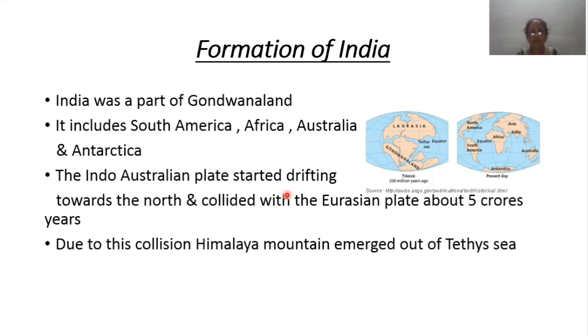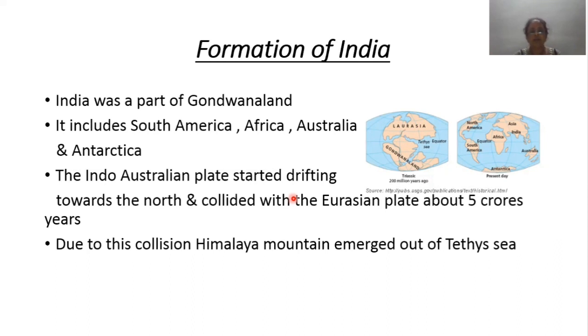Over a period, the Indo-Australian plate started drifting towards north, and it is believed that this plate collided with the large Eurasian plate about 5 crores of years ago. Due to this collision between the Indo-Australian plate and the Eurasian plate, the Himalaya mountain system was formed.